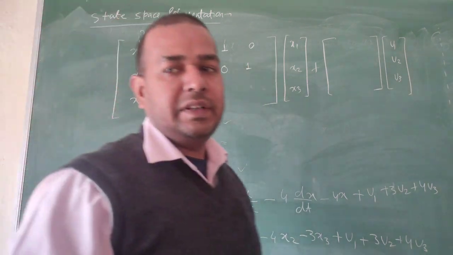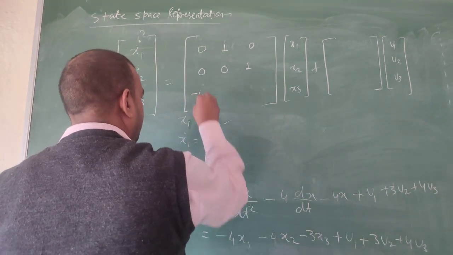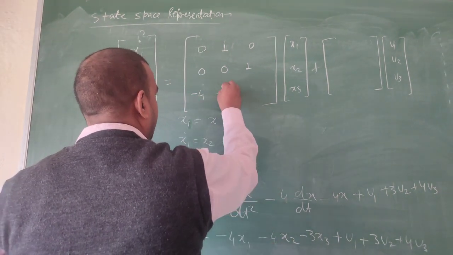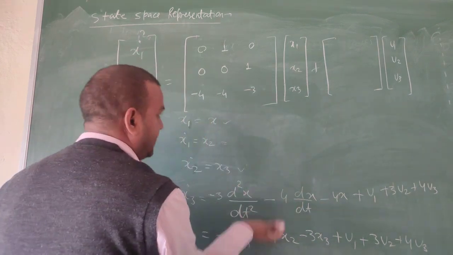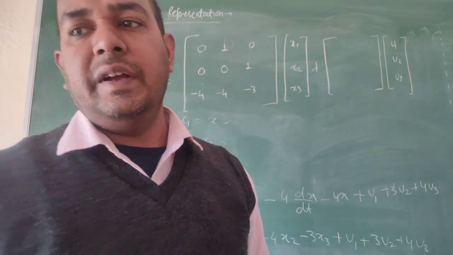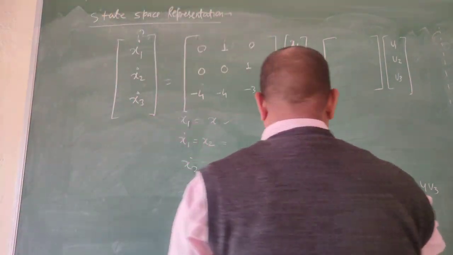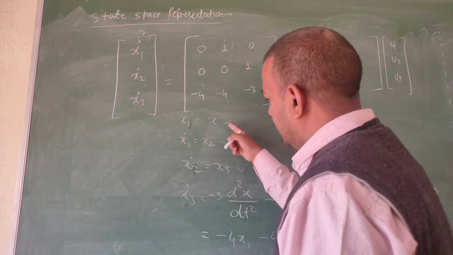Now if I am talking about x3 dot, what will we get here? Minus 4x1, so it will be minus 4, minus 4x2, minus 4, minus 3x3. So these parameters are shifted here. Now what will we do for the input side? The input is only related to x3 dot, so all input for the first two will be 0.